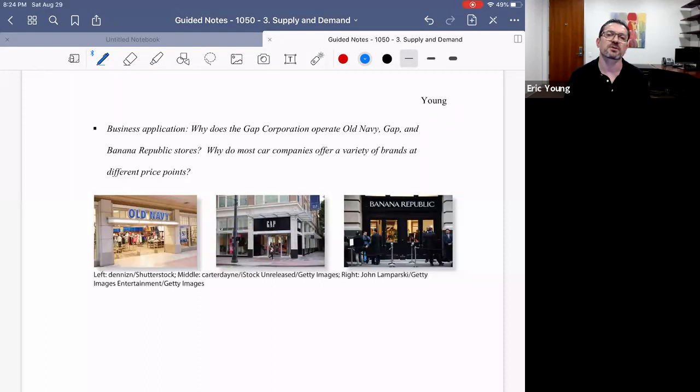Use your knowledge of supply and demand analysis to answer the question as to why Gap would do that. Or the same question seen differently, why do most car companies offer different brands at different price points? If you can answer that question, you will have made your supply and demand knowledge real in the real world.